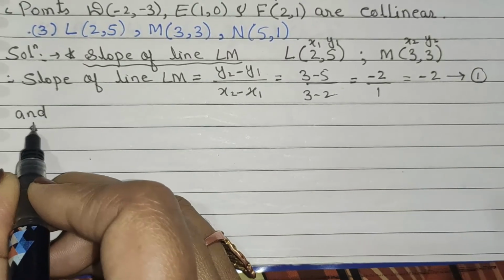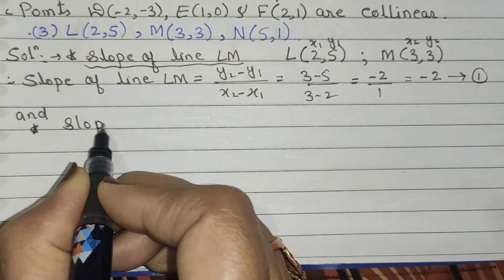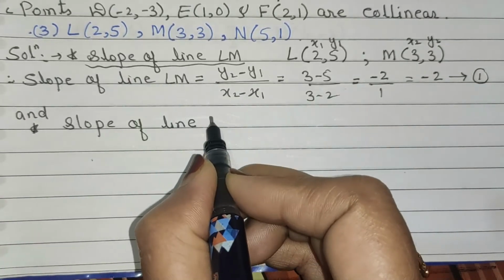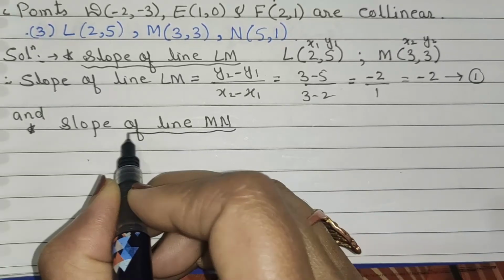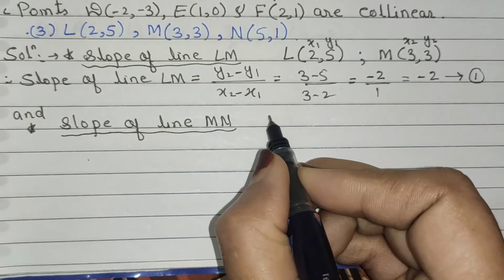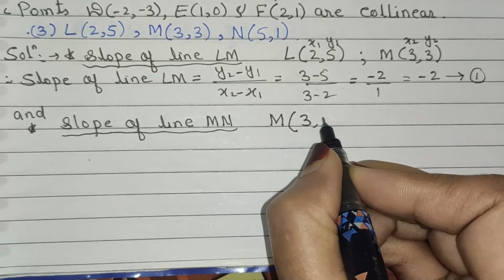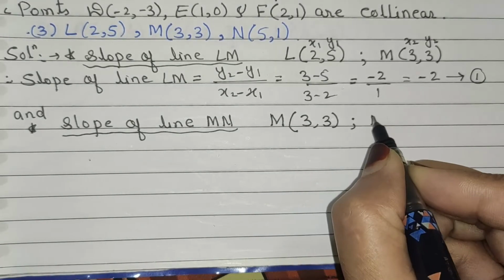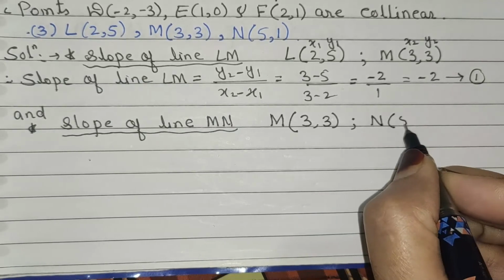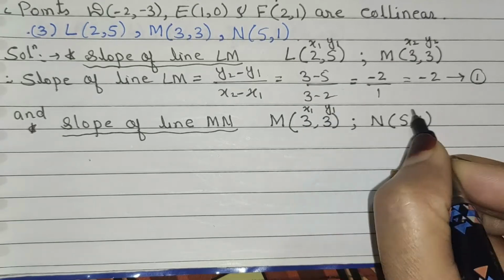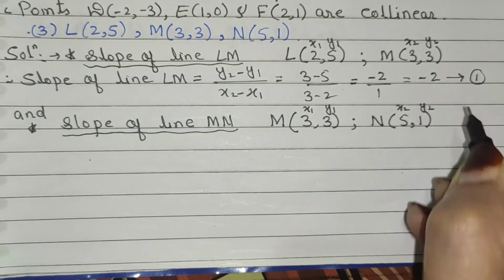Next, for slope of line MN. Now for slope of line MN, write down the coordinates of point M (3, 3) and point N (5, 1). Let us consider the coordinates are x1, y1 and x2, y2.